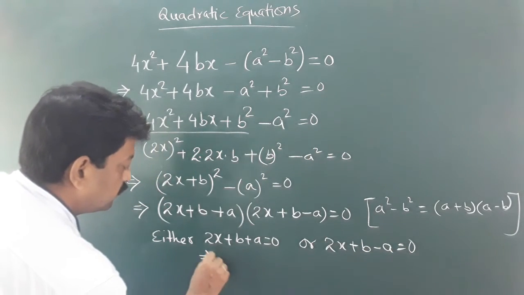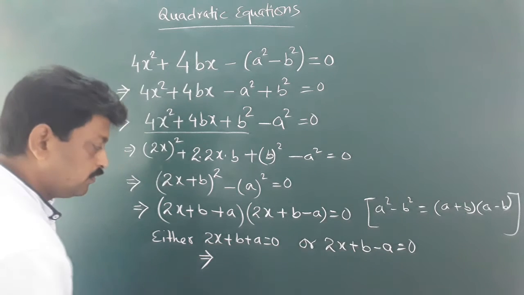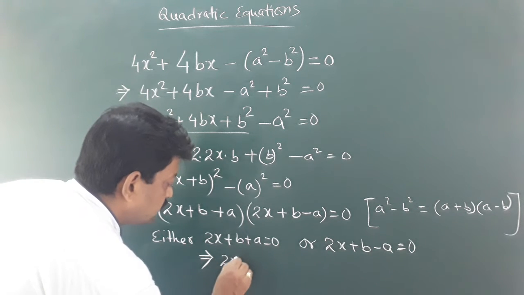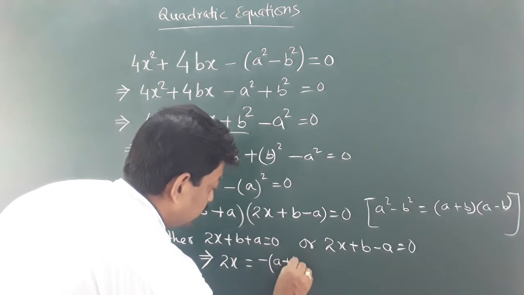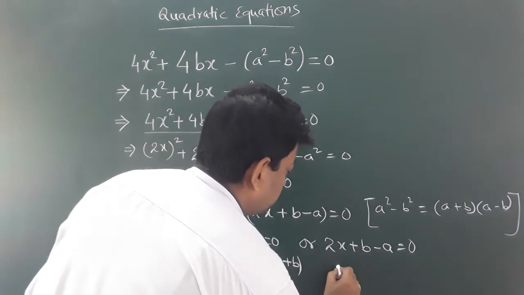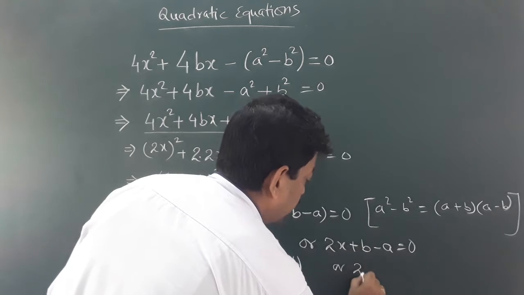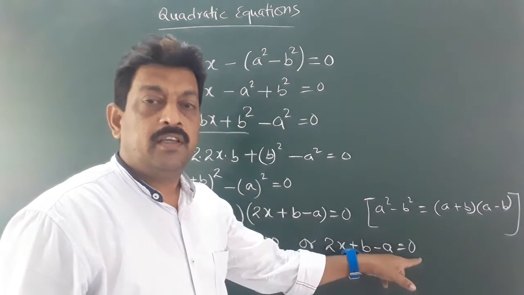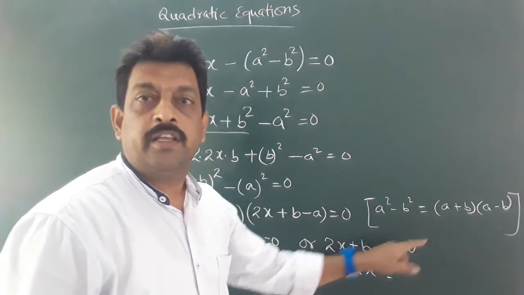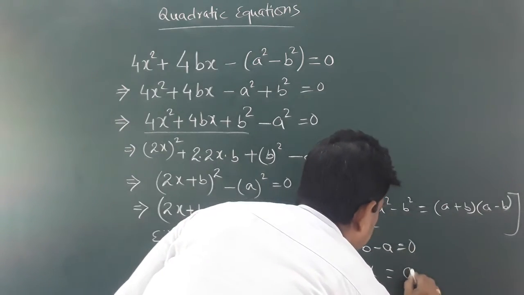So from here what will we get? We will get 2x equals to minus of a plus b, and here 2x equals to this minus a will become plus a and plus b will become minus b, so it will be a minus b.